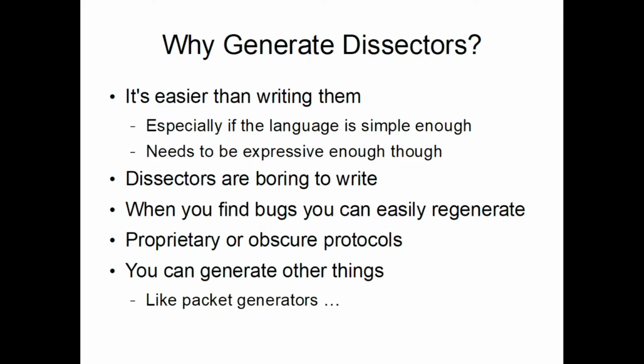And so the other thing that you might want to use generation for is that there is the potential to generate other things once you have a description of the language. And one of those things, and I'll mention it again later on, I believe, is you could generate a PCAP file full of randomish packets that have data in them based on the protocol description.